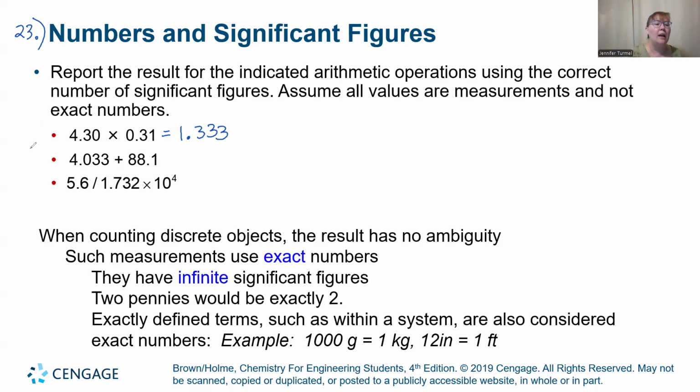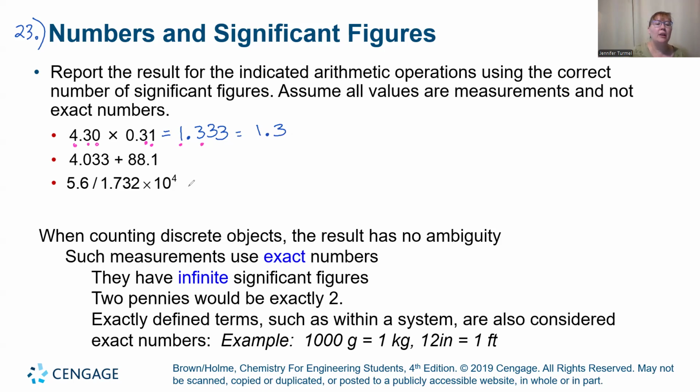Okay, but when I look at this, I can only have two significant figures here and three here, which means that I can only have two in my final answer. So this 3 rounds you down to 1.3.